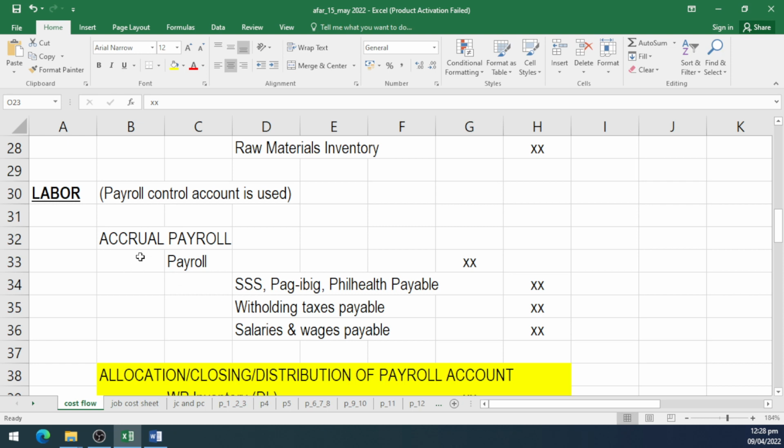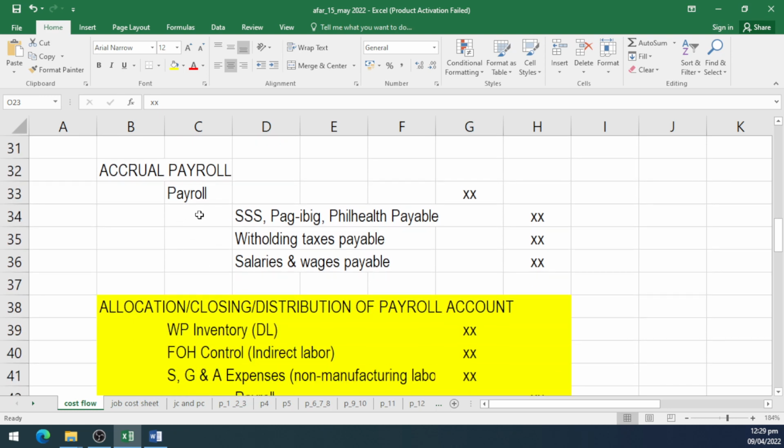And assuming payroll control account is used, the first is computation ng payroll. That will be computed, and then it will be accrued. So, the first entry will be accrual ng payroll.